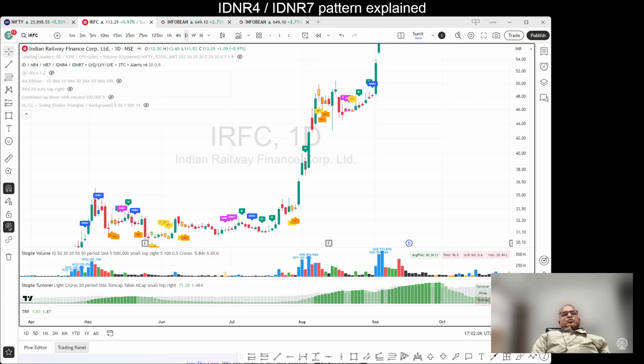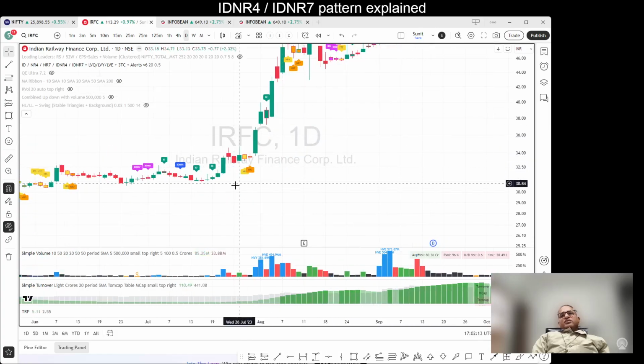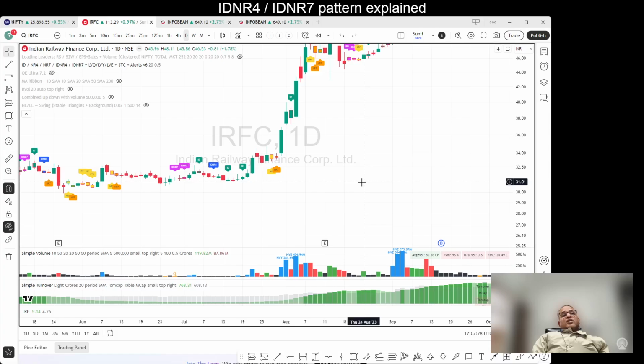So we got a fair idea about what these candles are. Inside day is nothing special: the 2 days' candle high should not cross yesterday's candle high, and the low should not go below the low of yesterday's candle. So why do these patterns work?